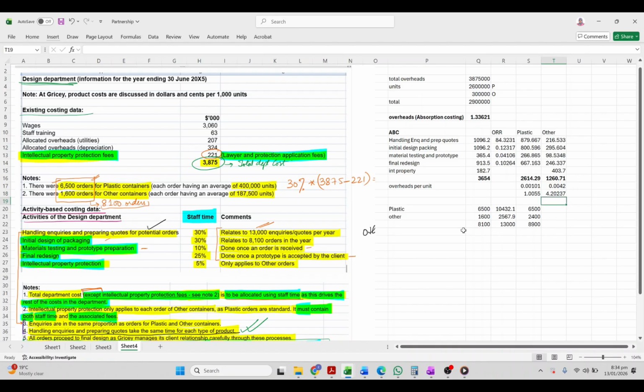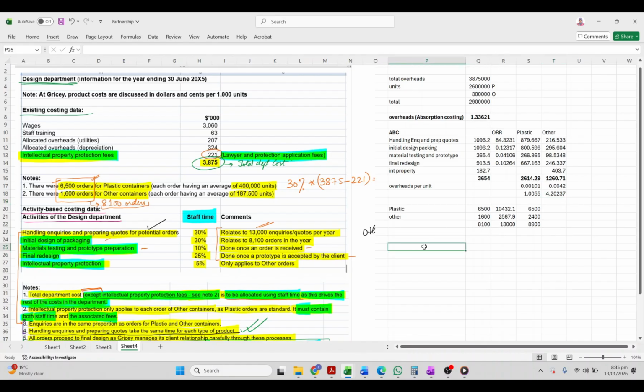So this is actually telling you the difference because if we have calculated overheads by using absorption costing, it was 1.33 for both plastic and others, right? This means that this cost was overstated, or we can say that we are charging more to plastic because the actual cost or more appropriate cost is around $1, but in the current system we are charging $1.33 to plastic, right? Other is 4.2, but we are charging to other products 1.33, right?